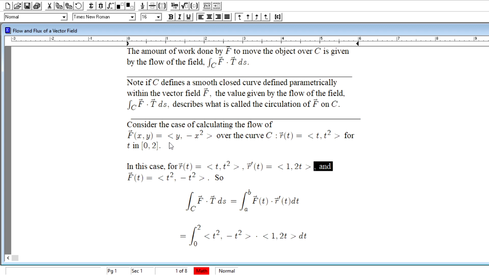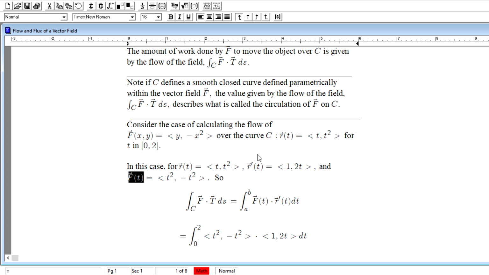And when we think about redefining f in terms of t, we can replace the x in our description of f with t. This x replaced with t becomes negative t squared. And we can replace y with t squared, so we replace this y with t squared seen here, and that prepares for us f bar of t.